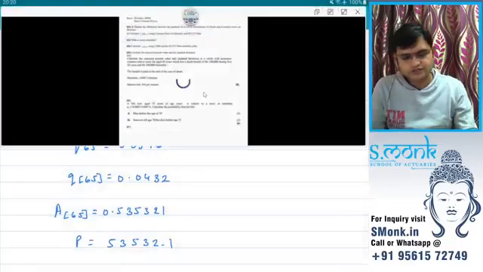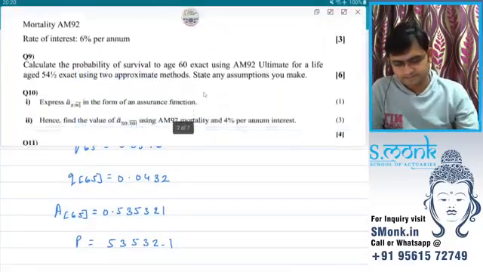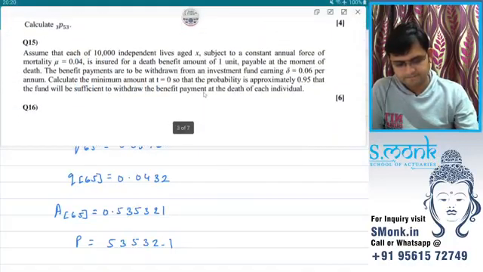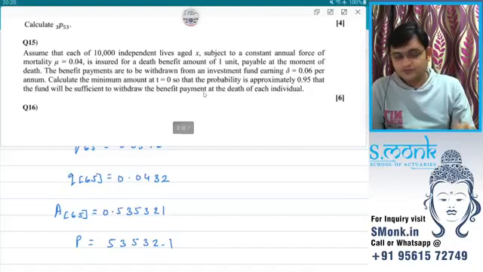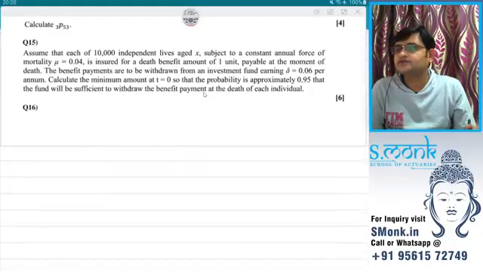Let's quickly see question number 15. Assume that each of 10,000 independent lives age X, subjected to a constant annual force of mortality of 0.04, is insured for a death benefit amount of 1 payable at the moment of death.